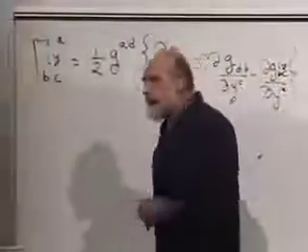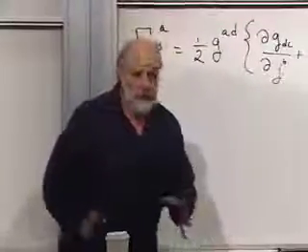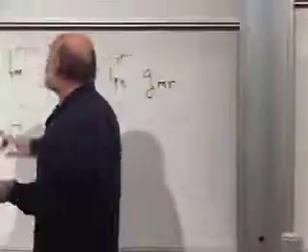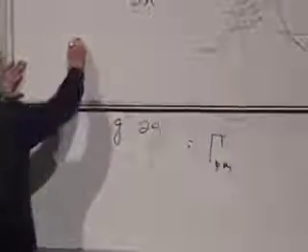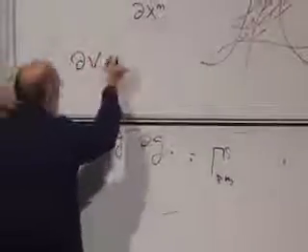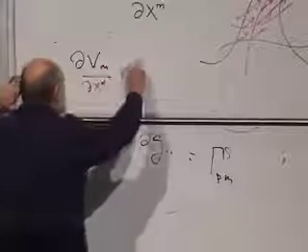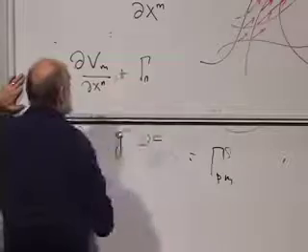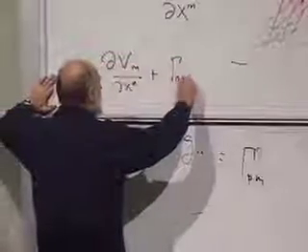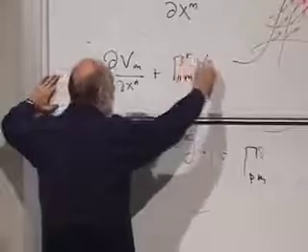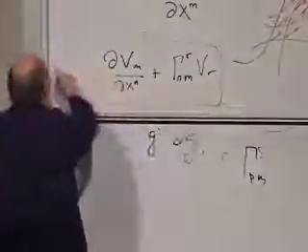You can memorize it if you like, or don't. But the important thing is, it is the connection, the object which allows you to differentiate tensors: derivative of V^m with respect to x^n plus gamma^m_nr V^r. Covariant derivative.